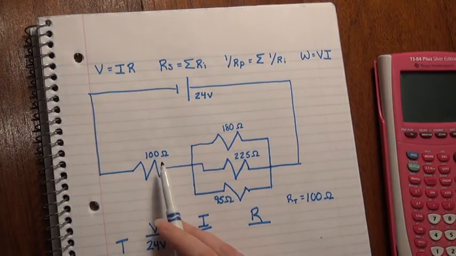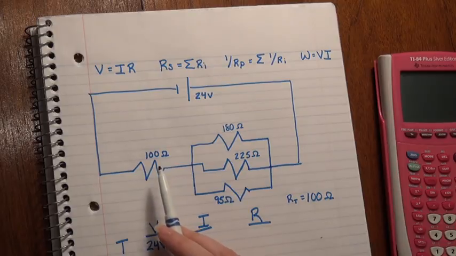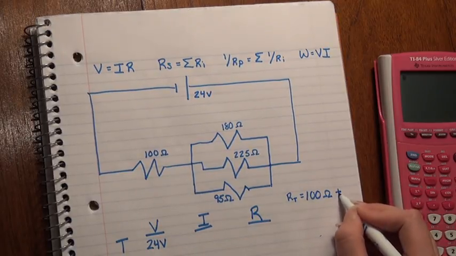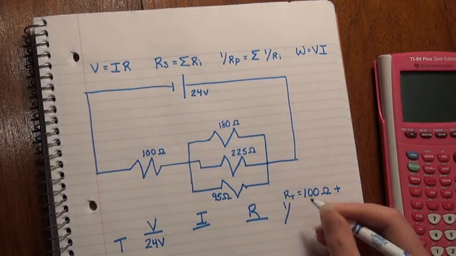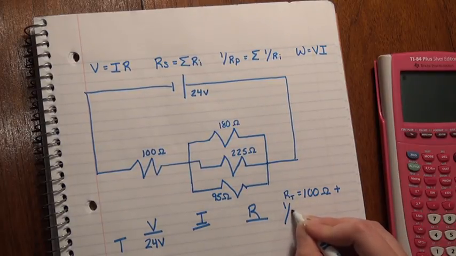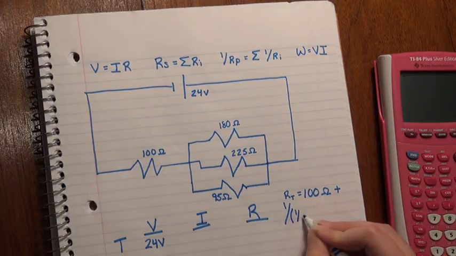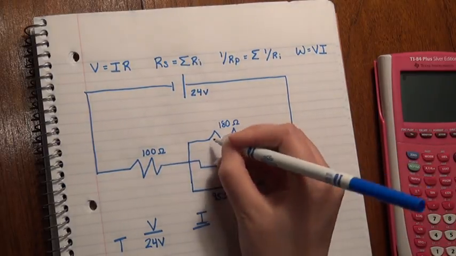And so our total resistance, or RT, is going to be equal to 100 ohms, since that is the resistance of our first resistor here in series, plus 1 over the sum of 1 over 180, which is R2. I should mark these.